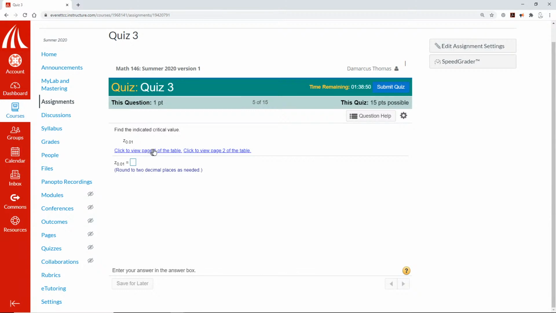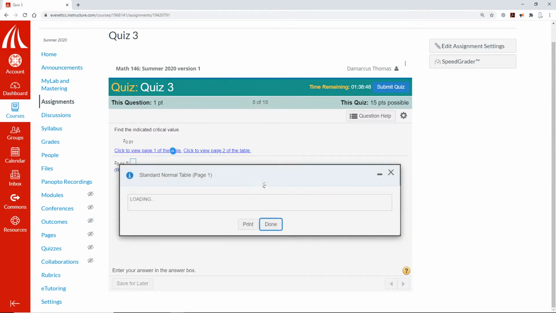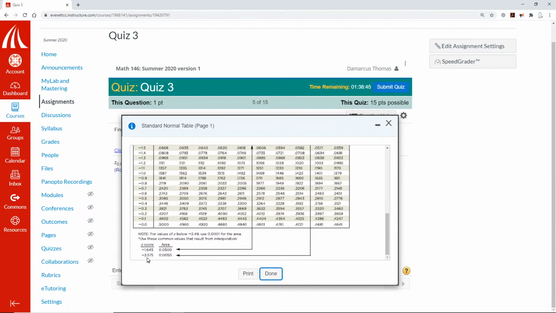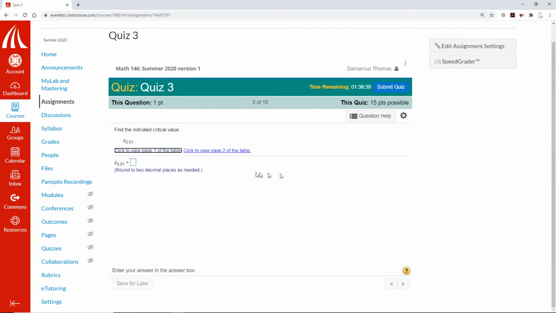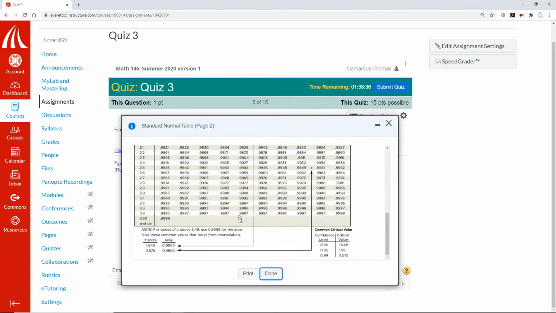In fact, the answer to this is probably even on the table. Below 1%. 2.57.